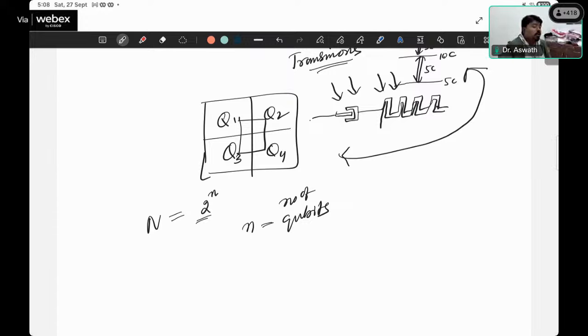Okay, so depending on your GPU, how many qubits it can process at a given time, how many qubits it can mimic or simulate, you would be dealing with that much amount of data at a given time. If fewer qubits are there, it means more time is required for processing this data. So it's all depending on your GPU.